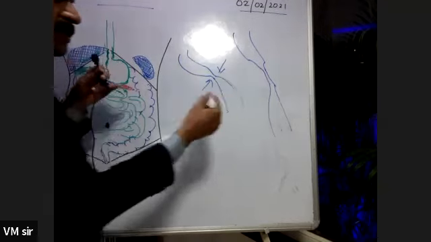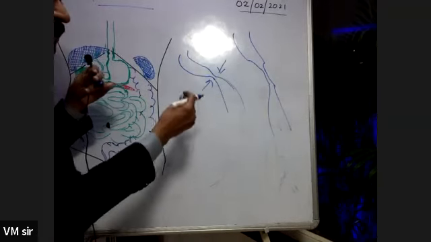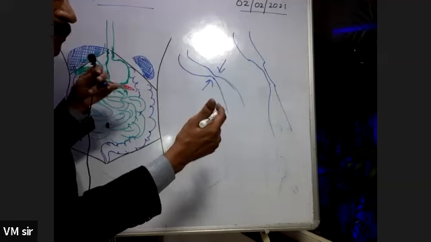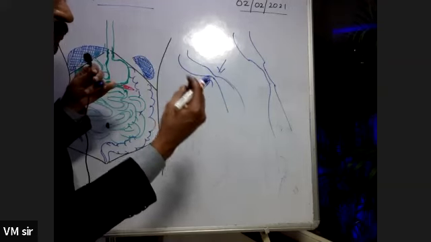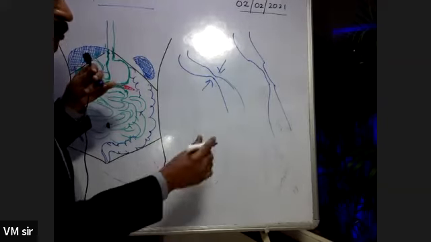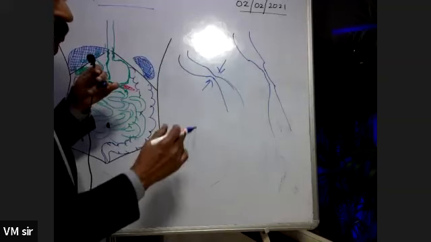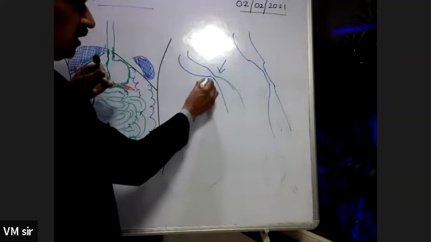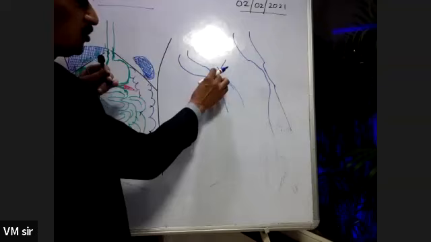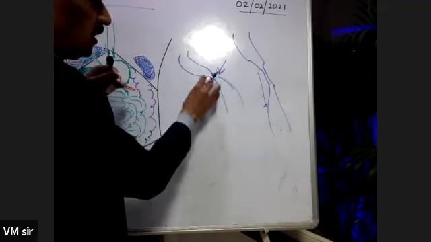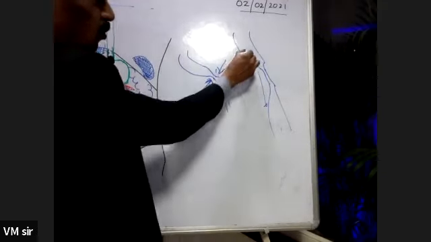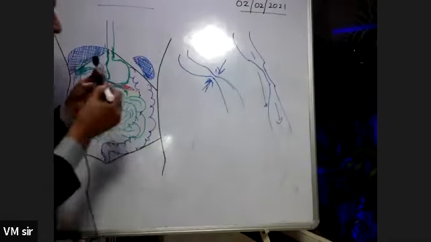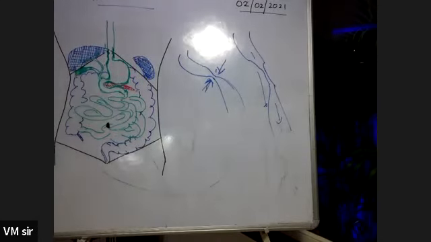The frequency is 4 to 5 times every minute, and the big waves come every 1 to 2 hours. This is a circular constriction, this is a longitudinal constriction. This will mix the fluid, and this will propel the food down into the distal parts of the intestines.